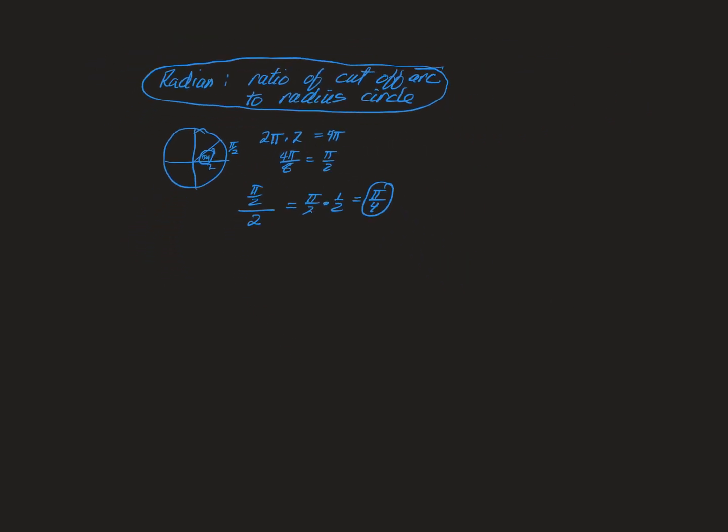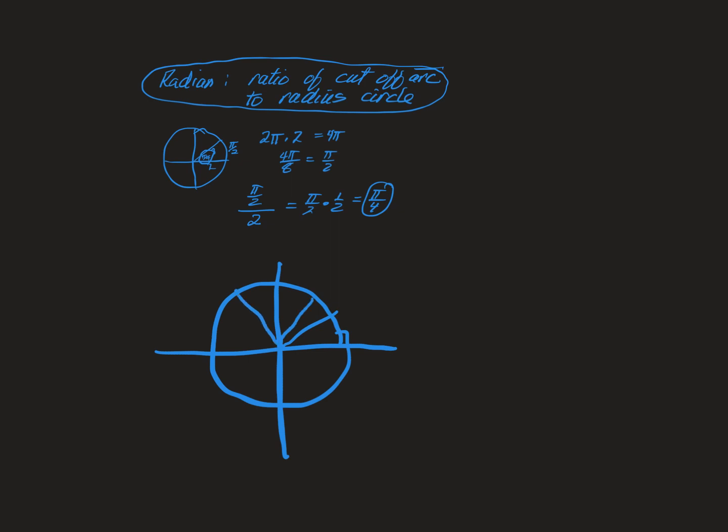Actually, my second favorite problem, same problem that does this, they say divide this into 12 equal arcs. So they're all 30-degree arcs now. And they say, what's the measure of the arc in that case? And you're going to essentially do the same process.